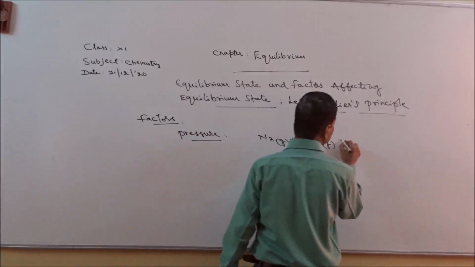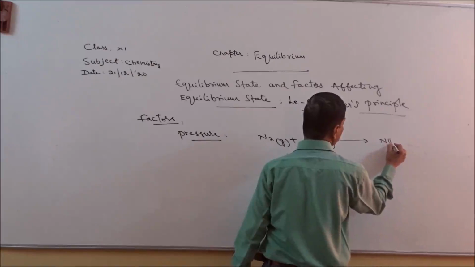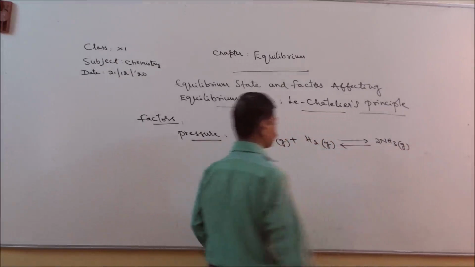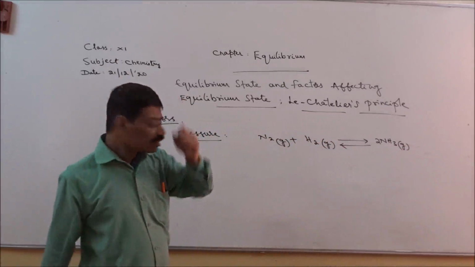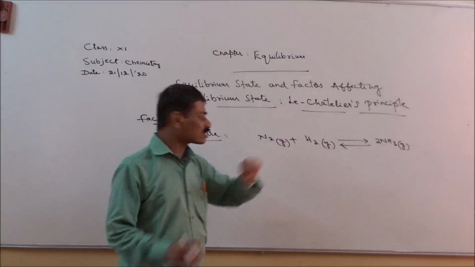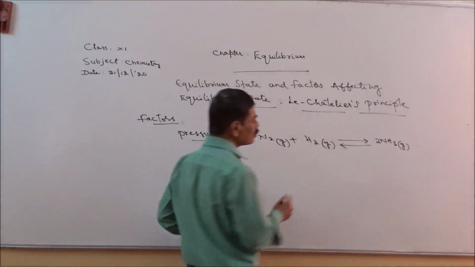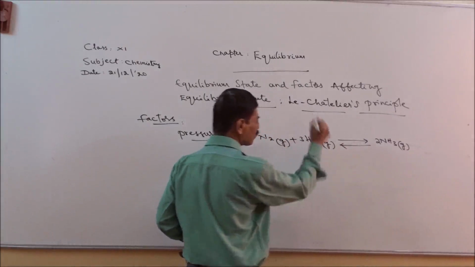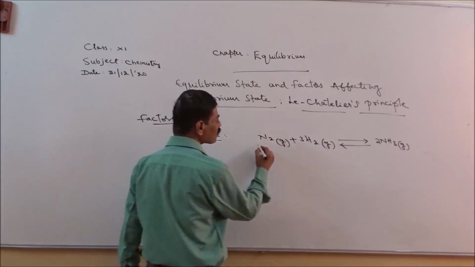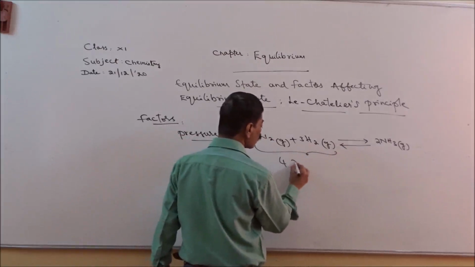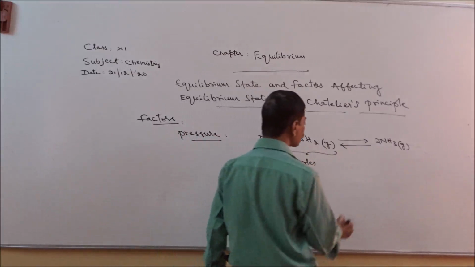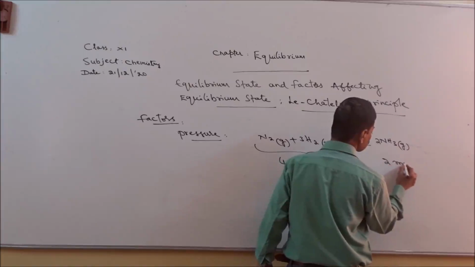It gives rise to ammonia gas. So here a reversible reaction is set up. And to balance this, we'll add here 3. Towards the left hand side we have 4 moles of reactants, and towards the right hand side we have only 2 moles.